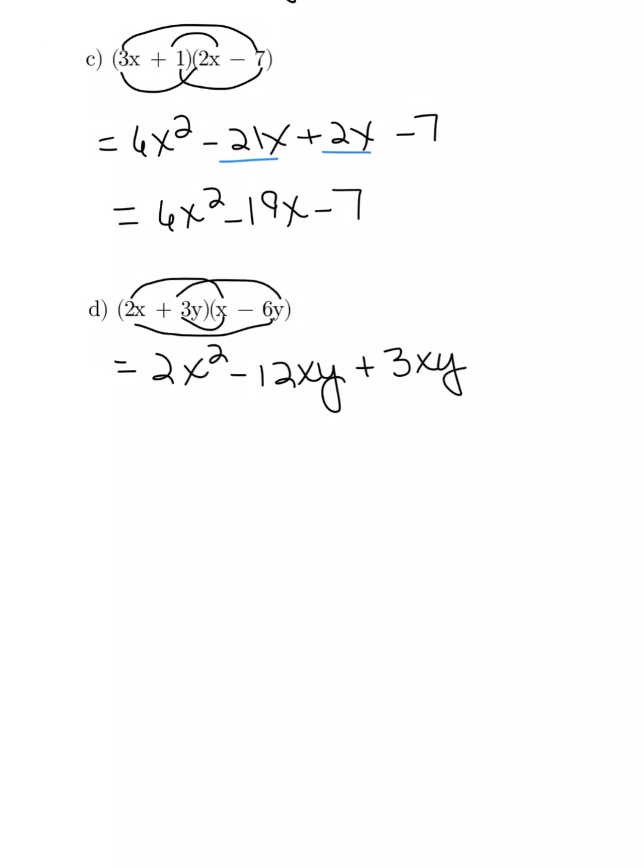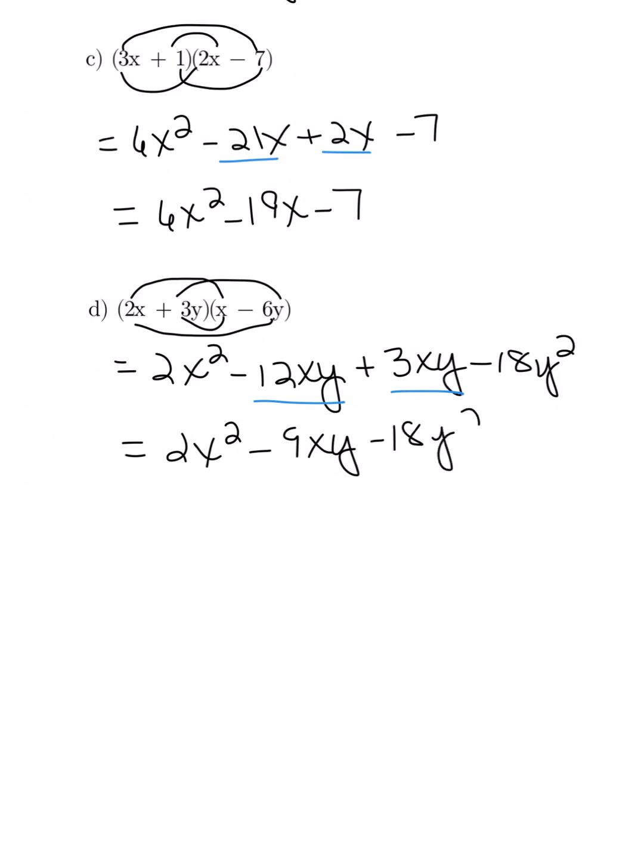Last times last, positive 3 times negative 6 is negative 18. Y times y is y squared. You do have like terms in the middle. So we have 2x squared, negative 12xy plus 3xy is going to be negative 9xy minus 18y squared.